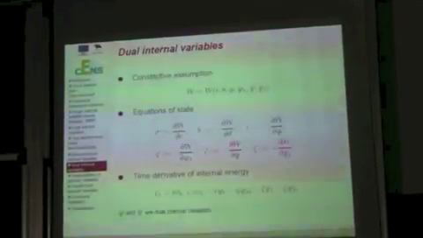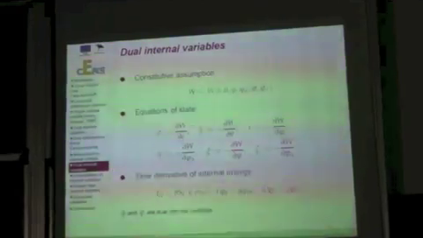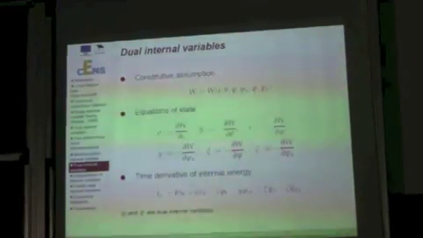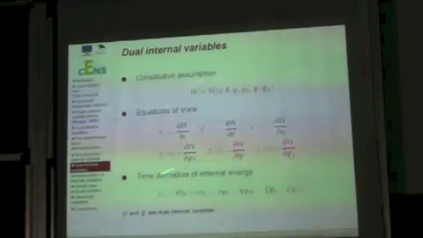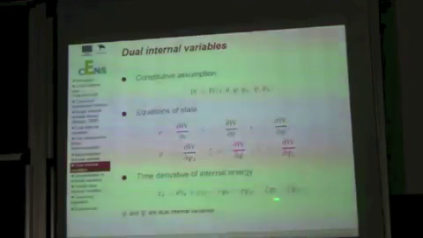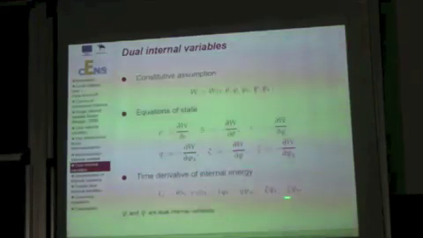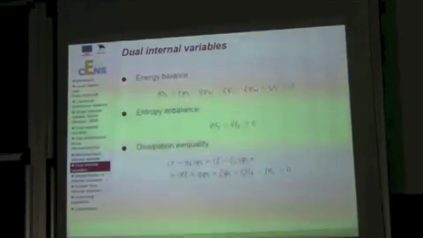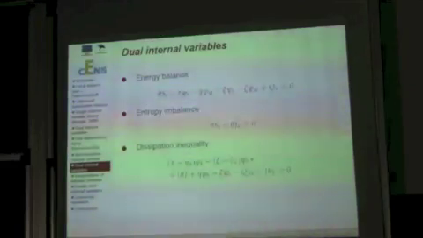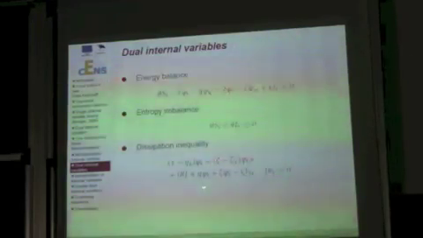So next, again, the dual internal variable theory, again repeating. We introduce the second one, introduce some additional terms. Again, we calculate the derivative of internal energy with some additional contribution, and obtain the energy balance in this form, entropy imbalance as previously. Eliminating this, we obtain the dissipation inequality.